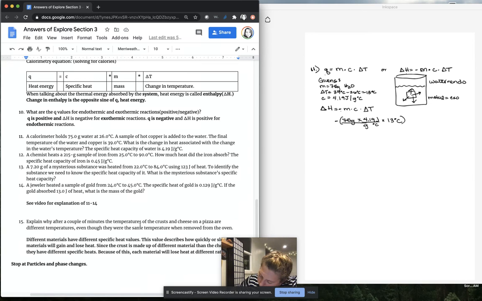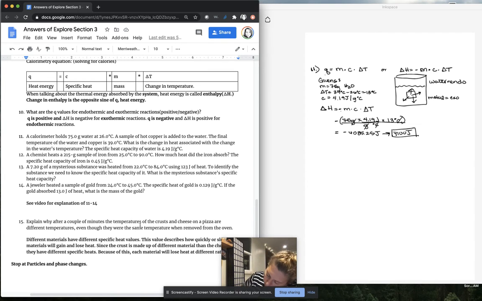I like to extend out my fraction line so I know what cancels out, which is degrees Celsius and grams. We're left with joules. When I plug this into my calculator, I get negative 4,085.25 joules. Rounded, that's going to be 4,100 joules. Okay, so that's your final answer for number 11.